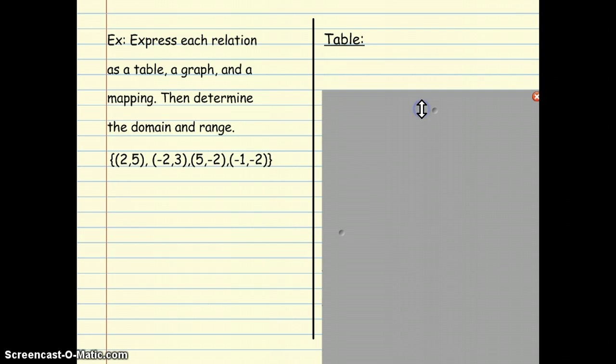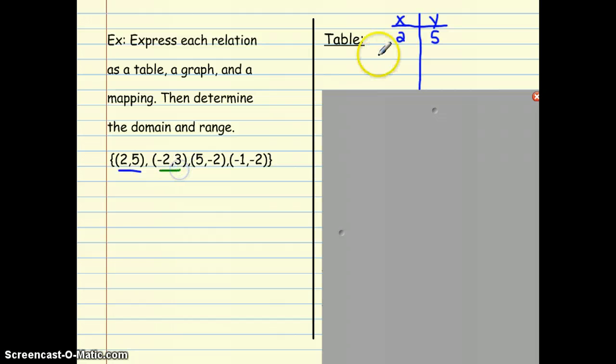So we'll start by making a table, and to make a table, all you need to do is make a T table with an X and a Y column, and each X just needs to be paired with its Y. So this 2, 5, here's my 2, here's my 5.